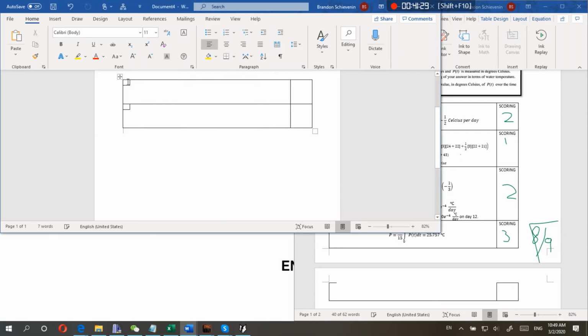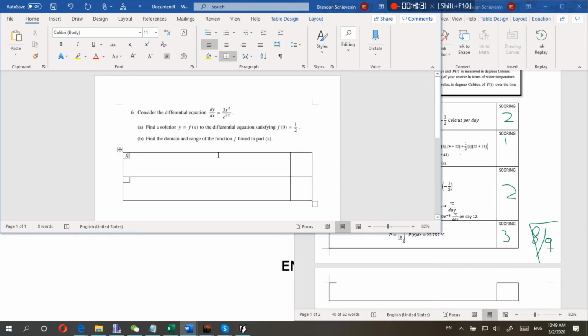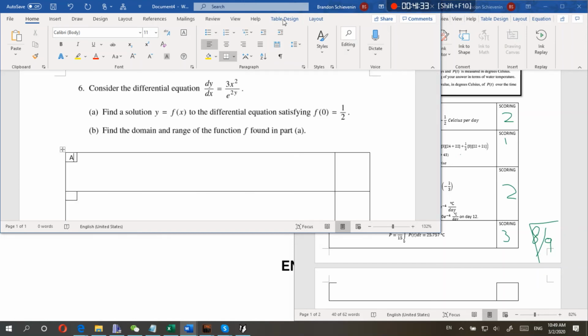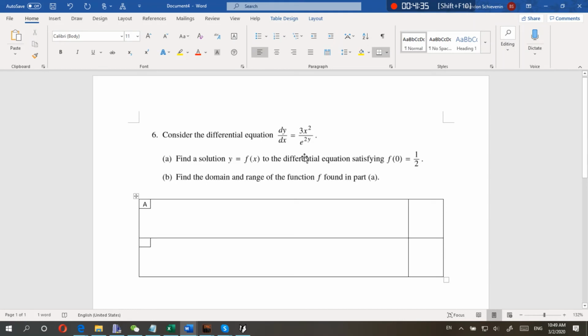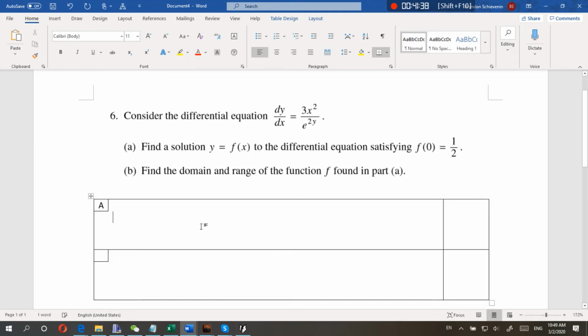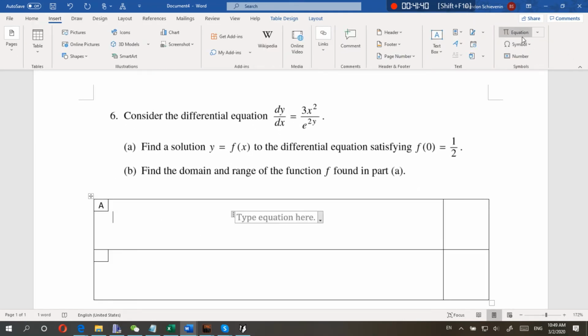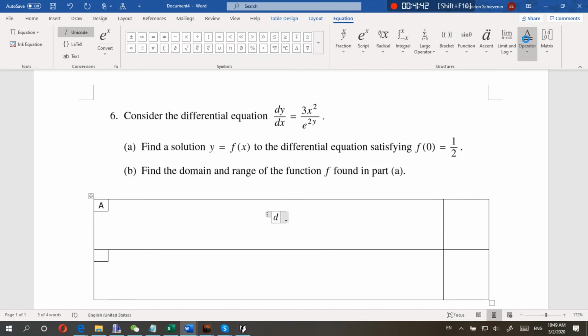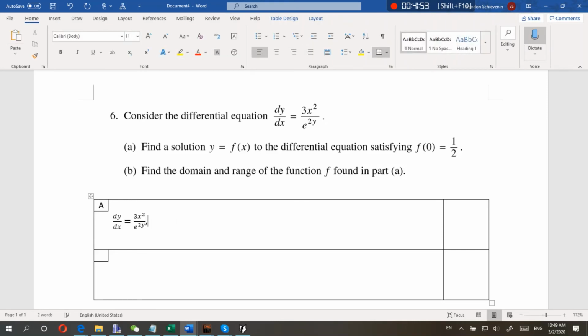Okay, so for part A, I'm going to start with our differential equation here. So that would look something like this. dy over dx is equal to 3x squared over e to the 2y. And then I was also told f at 0 is 1/2.